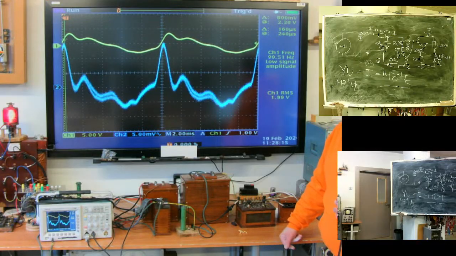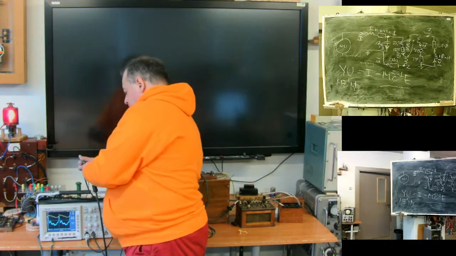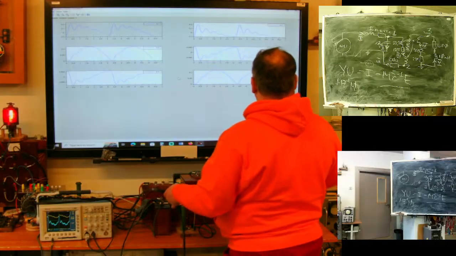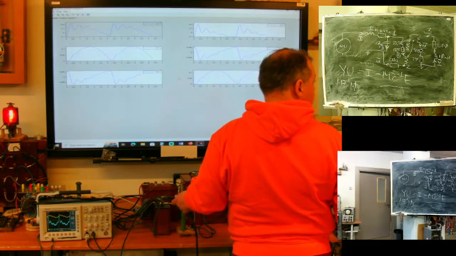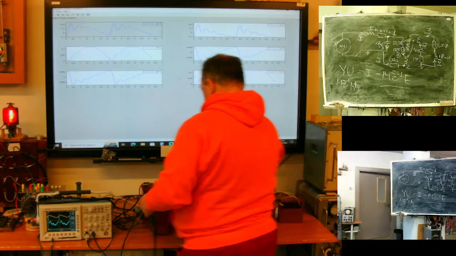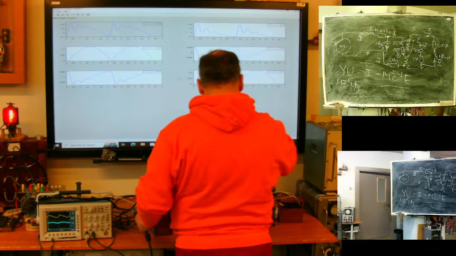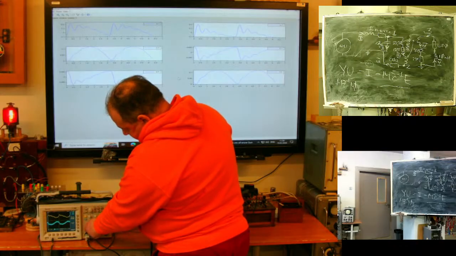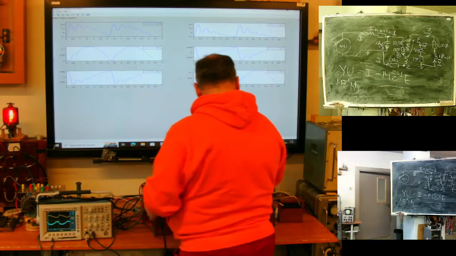Is it? Branch 4. From this one. No, it's below.